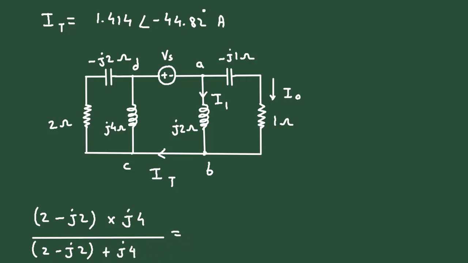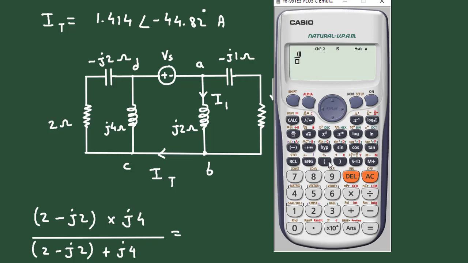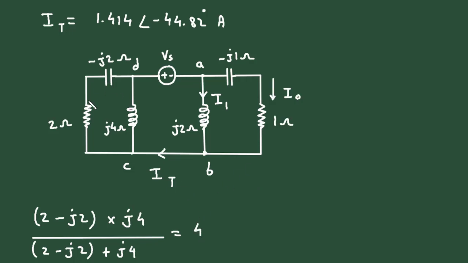It is equal to 2 minus J into 2 multiplied with J into 4 divided by 2 minus J into 2, then plus J into 4. Now this is equal to 4. So here the equivalent impedance is only 4 ohm.